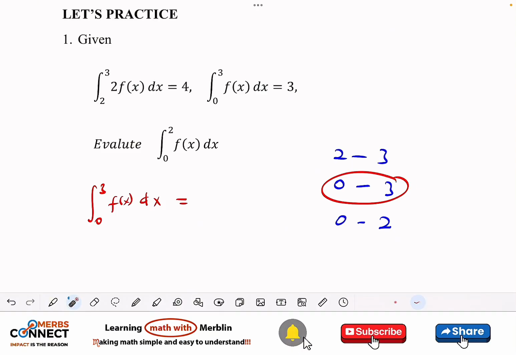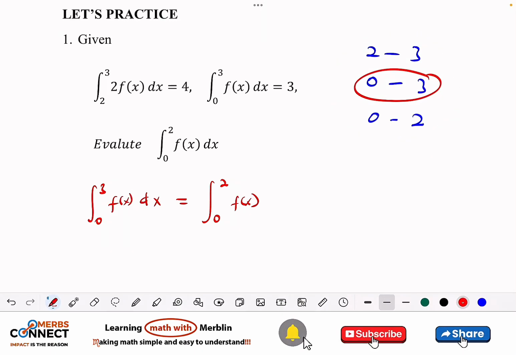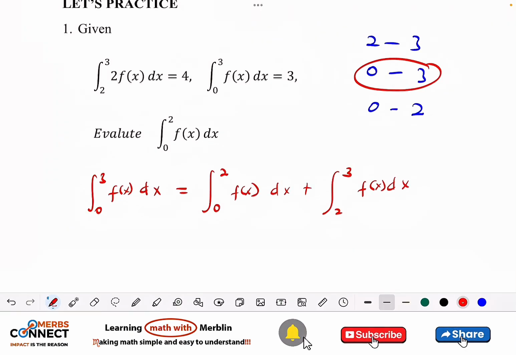And this will help me to write this integral by combining this and that. So I can write this one as the integral from 0 to 2 of f of x, and this is from 0 to 2 and from 2 to 3. So I'm going to have this and then plus the integral from 2 to 3 of f of x dx.